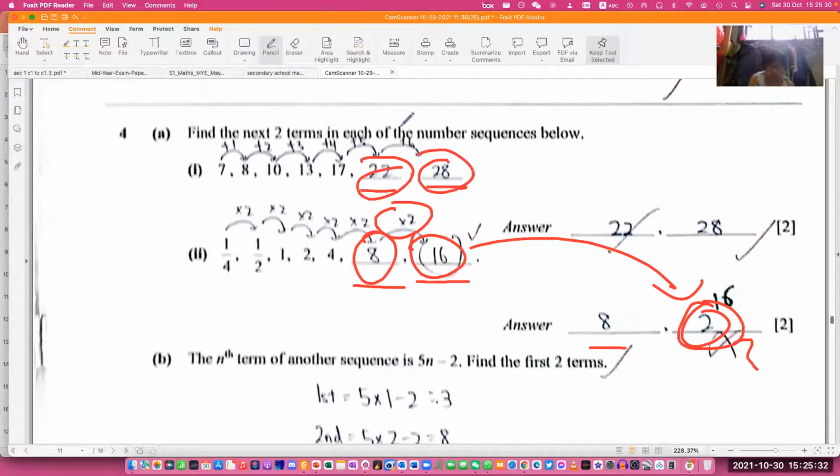So basically you copy this 2 and you will not go and write plus 6, right? No. Then how come you write 2 here? Okay, if you write 2, why not you write times 2 here? Another 1 mark gone. So 3 marks gone, just because of all this careless mistakes.